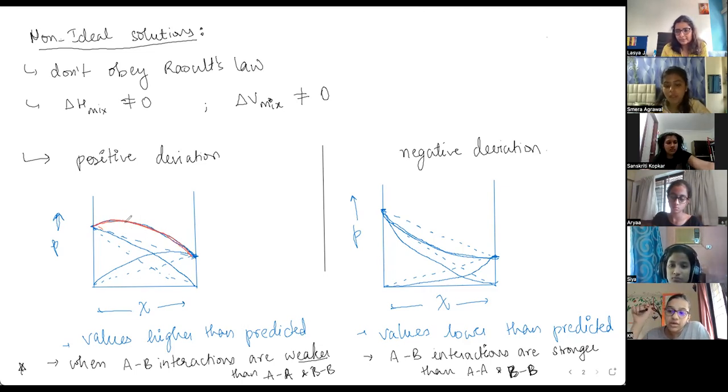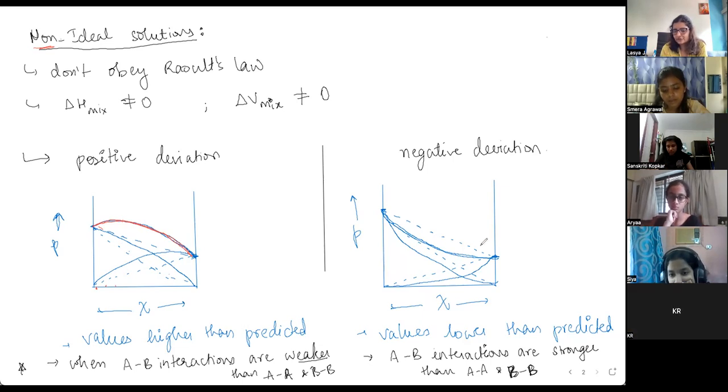How did we get that line? These are the vapor pressure values we measured: at this much concentration, what is the vapor pressure? It's supposed to be a straight line, but because it is not ideal, it's not a straight line. It's higher values or lower values.